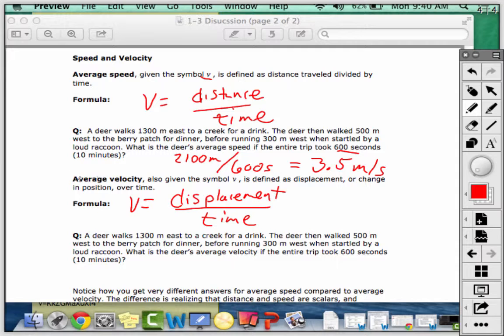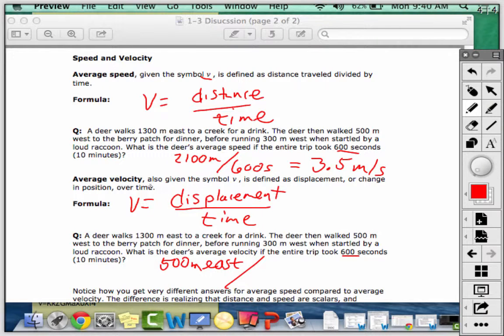So if I do the same problem here, this deer gets a drink, eats some berries, gets scared, and it took still the same amount of time, what is his average velocity? On the front of the sheet, we calculated that the displacement of this deer was 500 meters east. I'm going to divide that by how long it took him to travel 500 meters east.